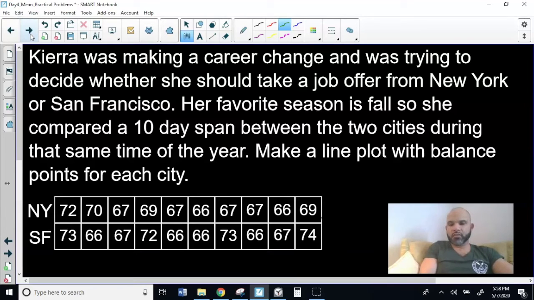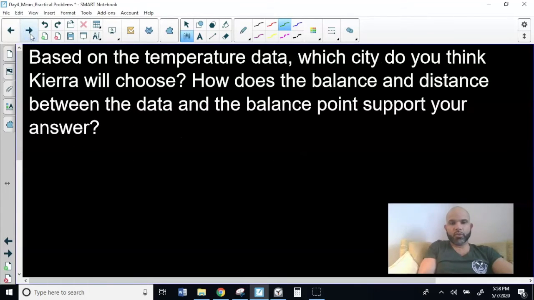So here is where you would pause the video, right? And then you'd get into your Nearpod, and there you will construct your line plot and your balance point, okay?